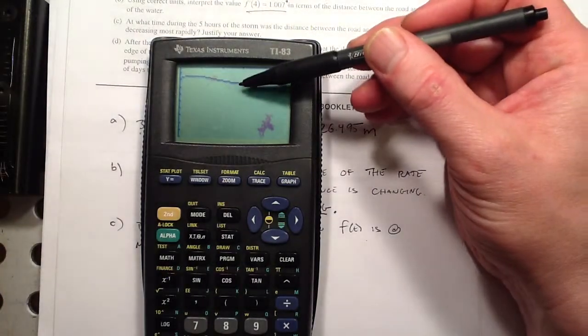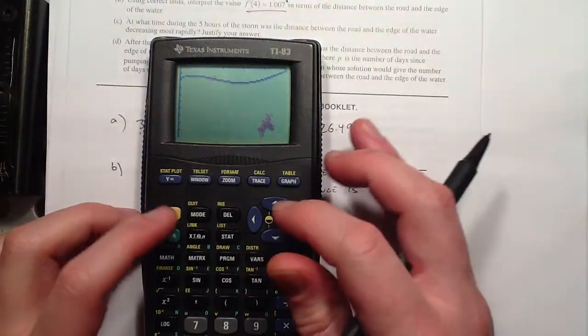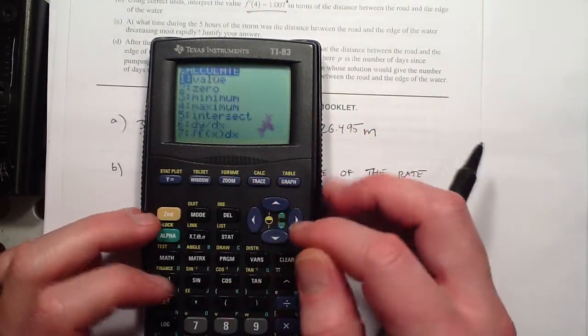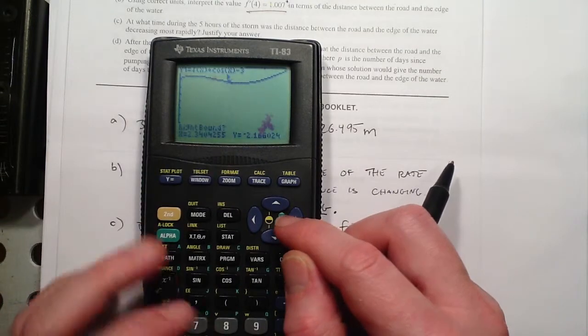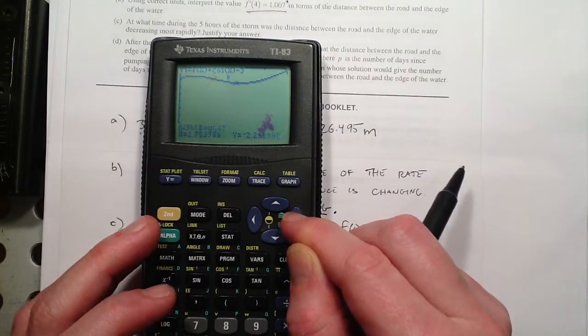So it looks like right here, so my cursor is just about in the right place, so I'll just use this.